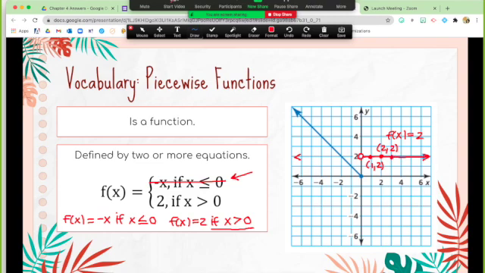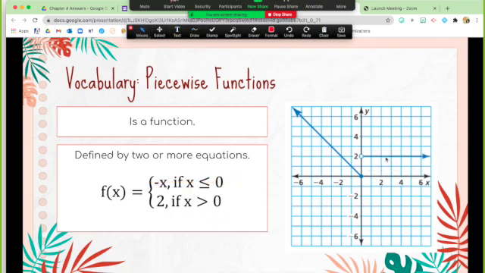We have here 3, comma 2. All of the x coordinates that are shown in these ordered pairs are bigger than 0, so it satisfies our statement here. So that's what we're going to be doing today.